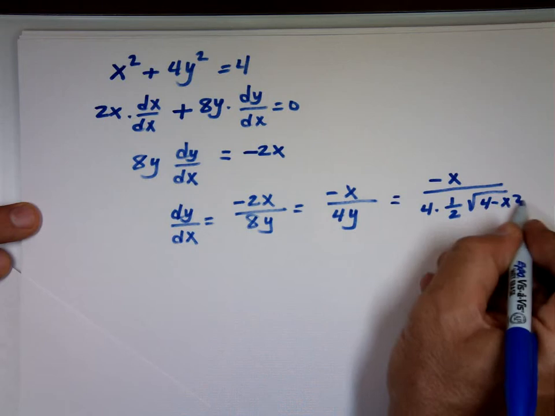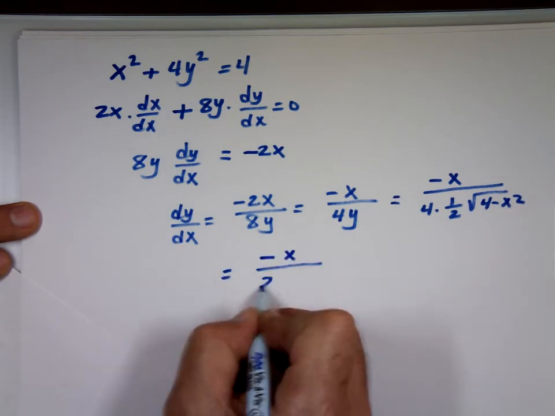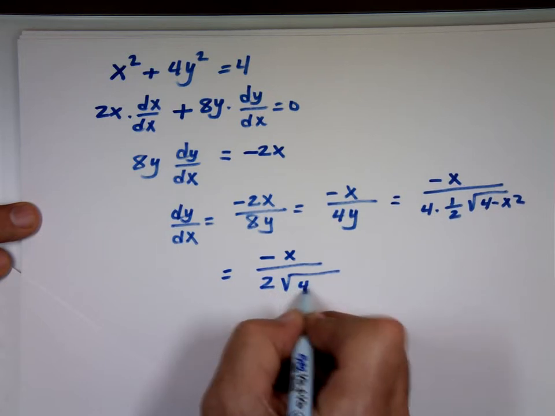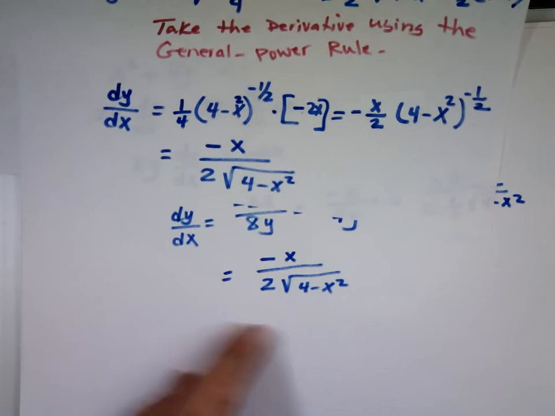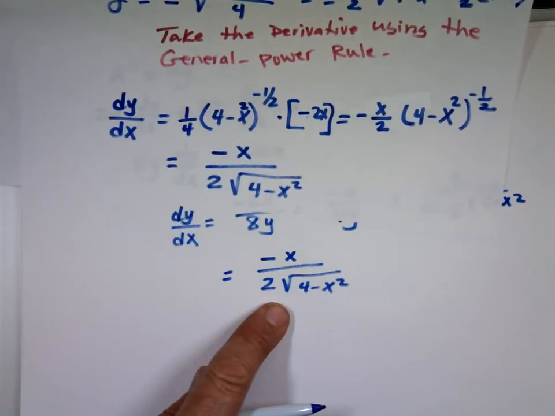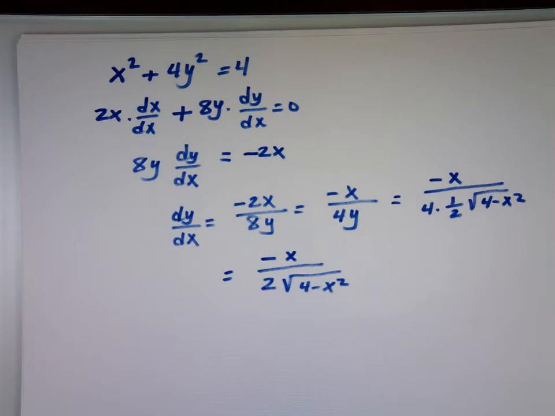So what is your final answer? Negative x over 2 times the square root of 4 minus x squared. Is that the same answer? Same exact answer. So this particular problem, I could have solved it for y and taken the derivative of it.